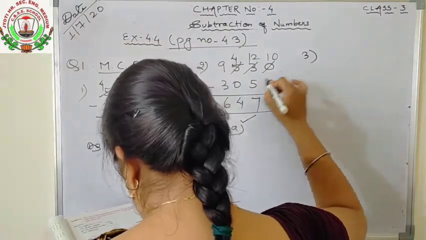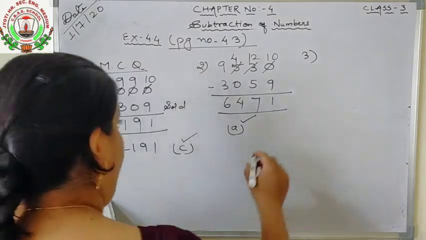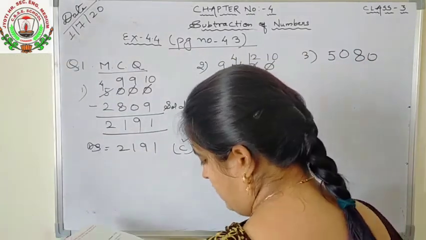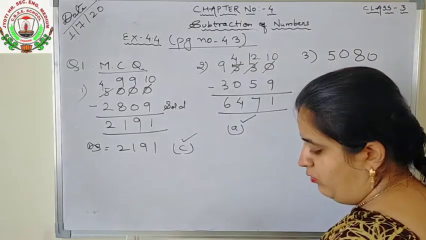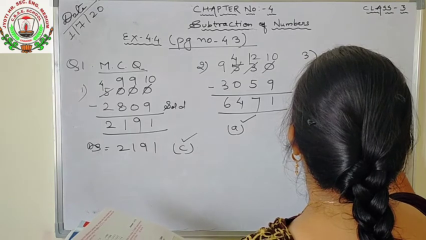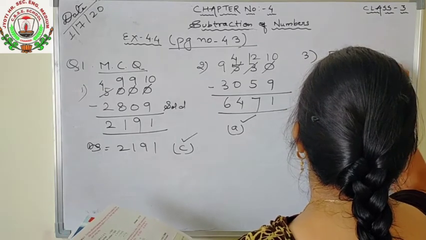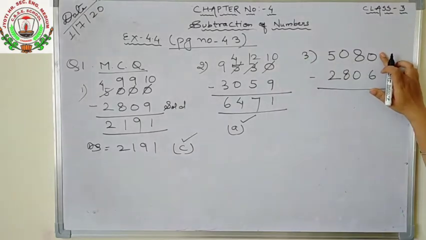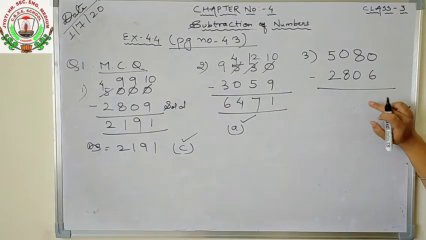Number 3. There are 5080 students in a school. If the number of boys is 2806, what is the number of girls? Total students given, boys given. You have to find the number of girls.